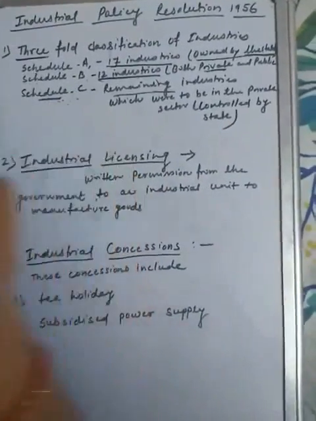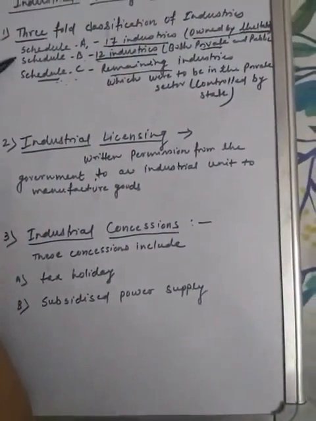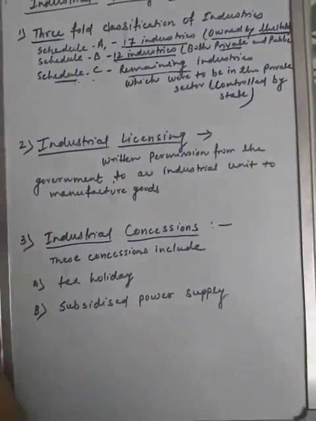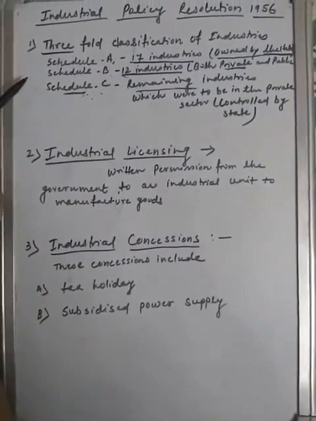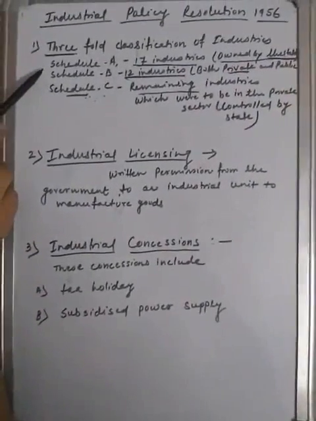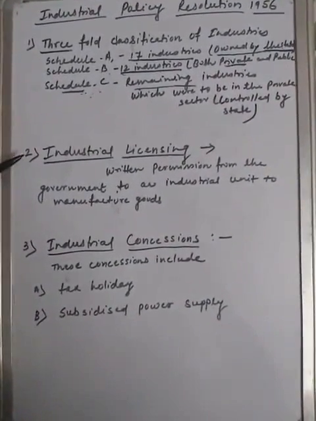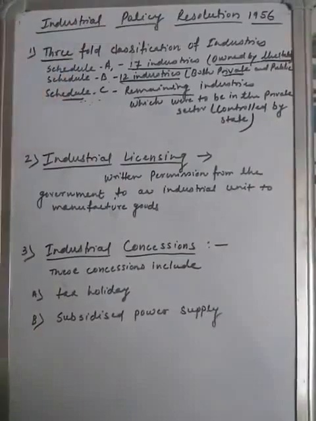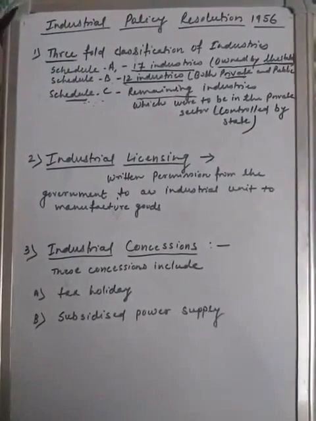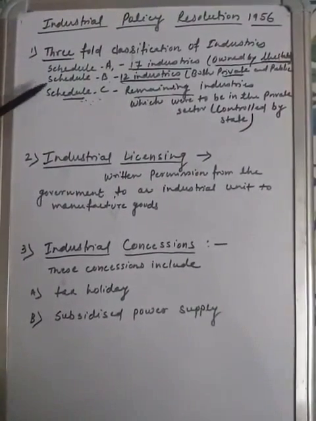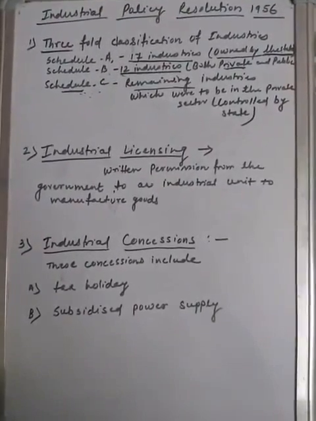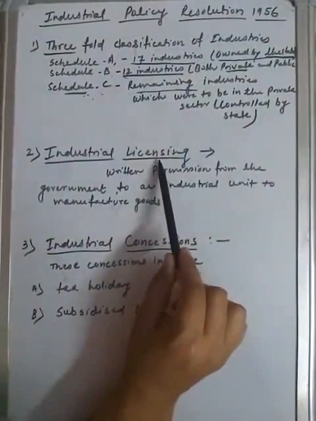Now, the threefold classification of industry I have discussed in a previous video also, and I revise it today. Next, in this resolution, Industrial Policy Resolution 1956, after classification of industries, the second initiative taken by the government is industrial licensing.